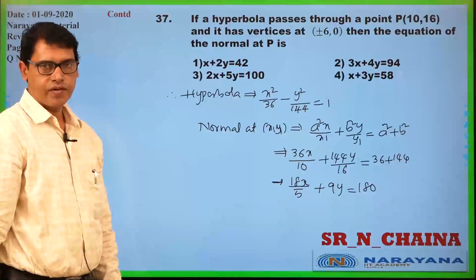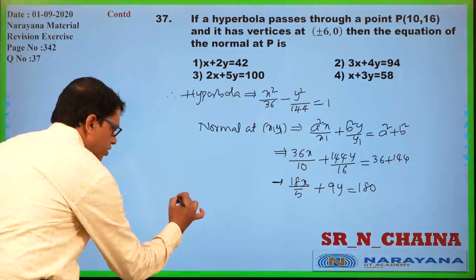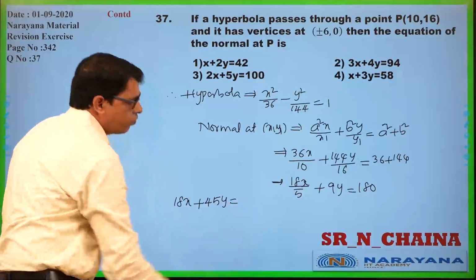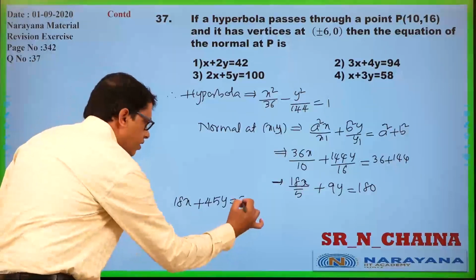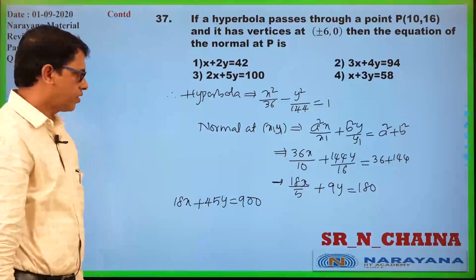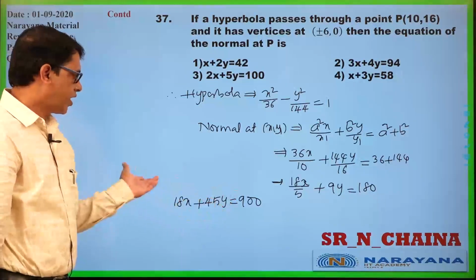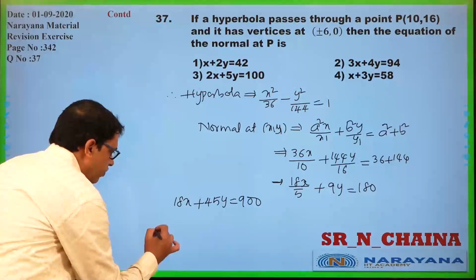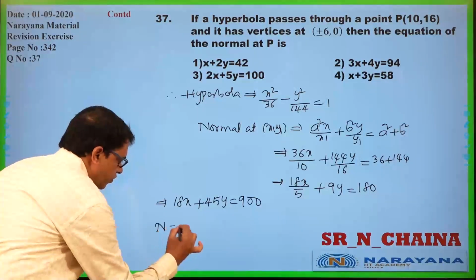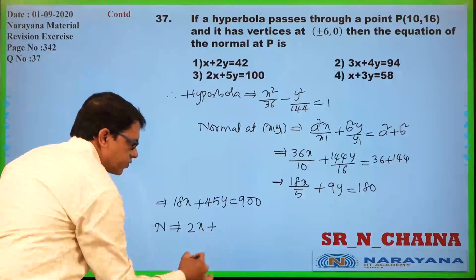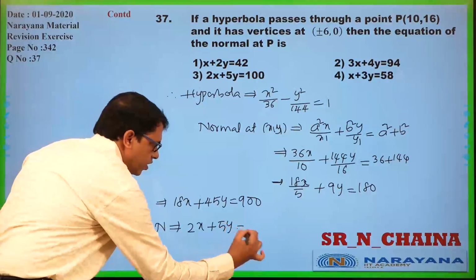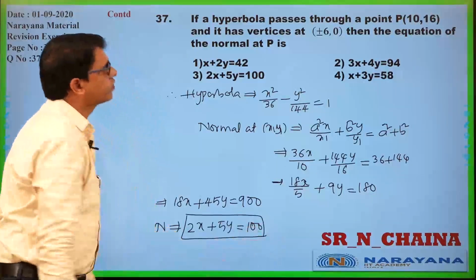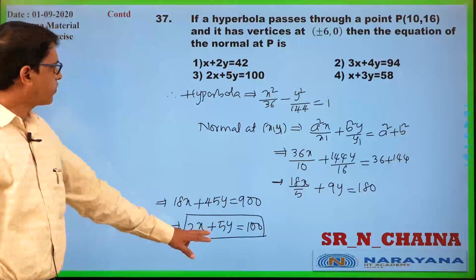Now take 5 to the other side. So we are left with 18x plus 45y equals 18 fives are 90, 900. The maximum common factor, you can take 9 common and cancel out. Therefore the equation of the normal is 2x plus 5y equals 100.